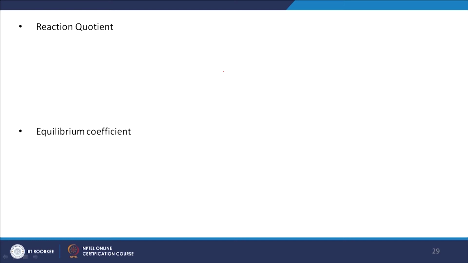So here we have a new term which is called reaction coefficient. We define that as being equal to the activity of the products raised to the stoichiometric coefficients of the products, by the activity of the reactants raised to the stoichiometric coefficients of the reactants, which in the earlier case was activity of C raised to the stoichiometric coefficient of C into activity of D raised to the stoichiometric coefficient of D, by activity of the reactants A and B raised to their respective stoichiometric coefficients.